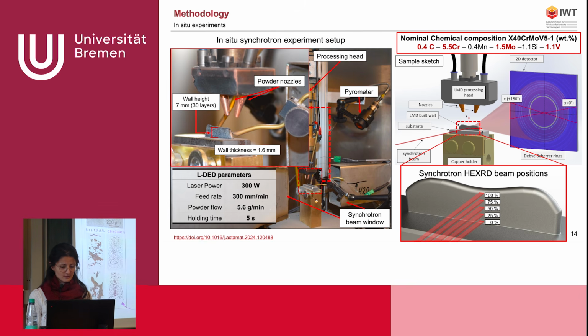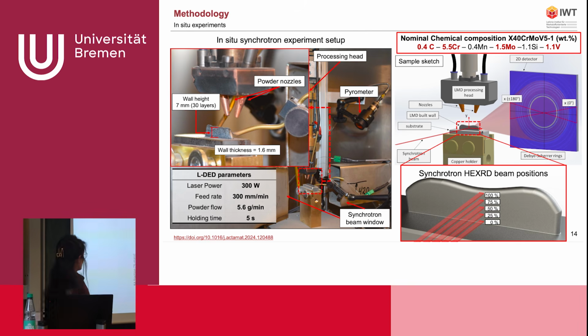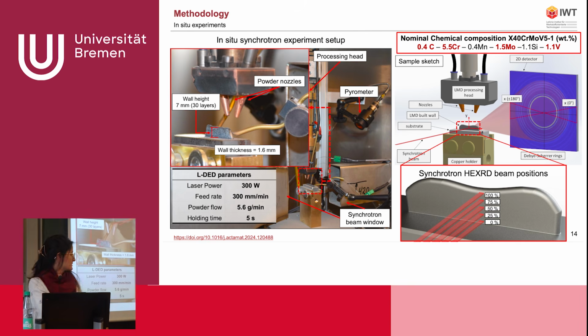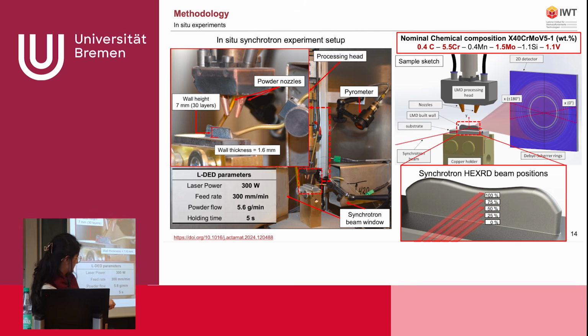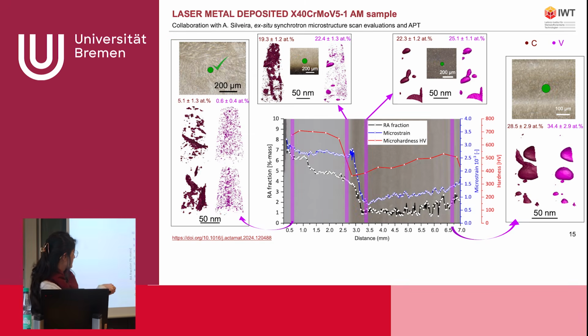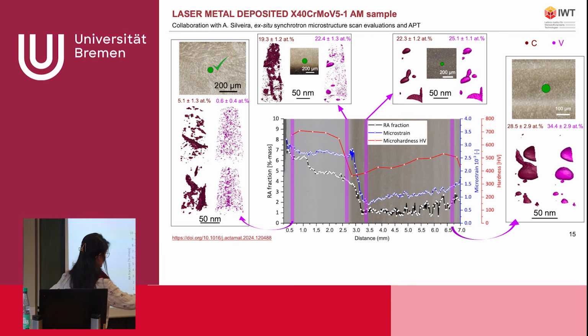So that's okay. Before showing this, our sample is this one. It's like a wall. We see it better here. And here we must consider that this layer is the first one, so we go in this direction.